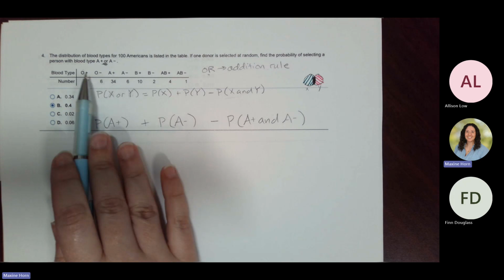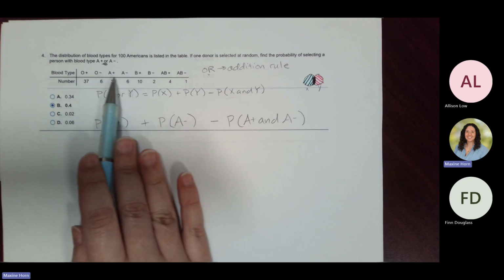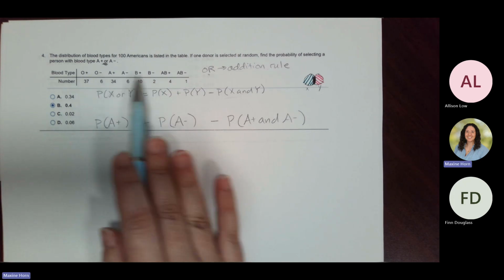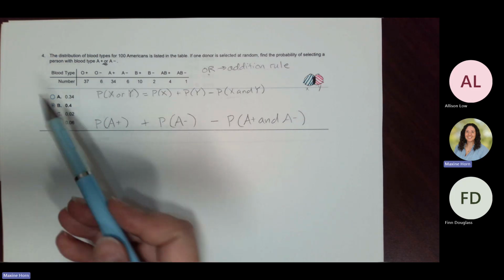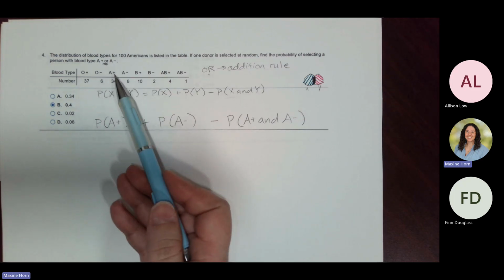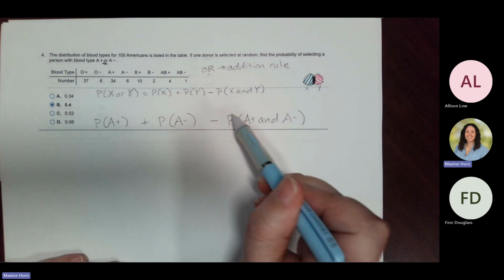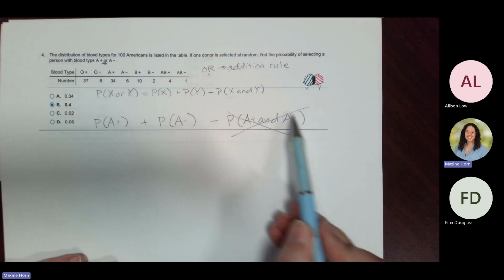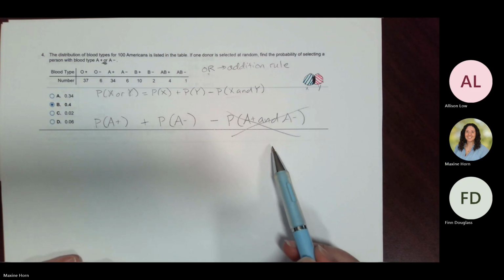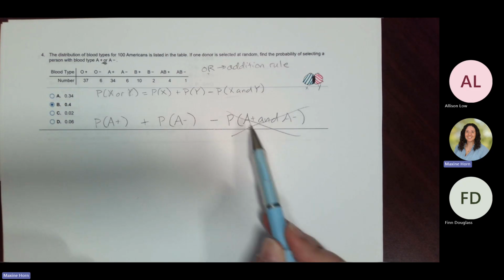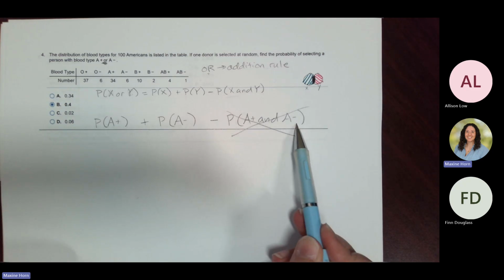Well, if we look at this, everybody's blood type is only one. Nobody has a blood type that is both A positive and A negative. It's one or the other. So this isn't something that exists. Or if you did want to plug something in for it, you could say it's 0. 0 is the probability that somebody has blood type both A positive and A negative.